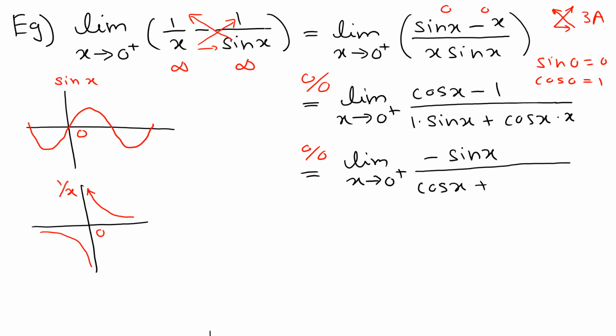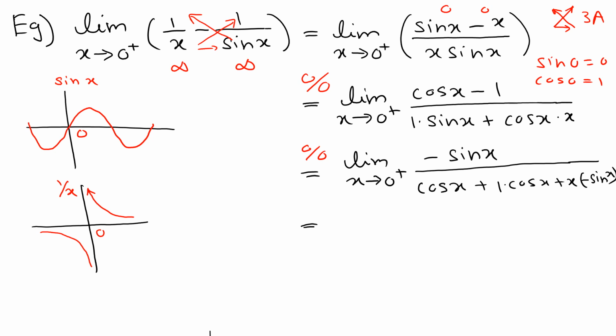Take the derivative of x, which is 1, so 1 times cosine x, and the next one, x times the derivative of cosine, which is negative sine. So now let's see what will happen again. When x goes to 0, again the numerator is 0, and in the denominator you're going to get 2.